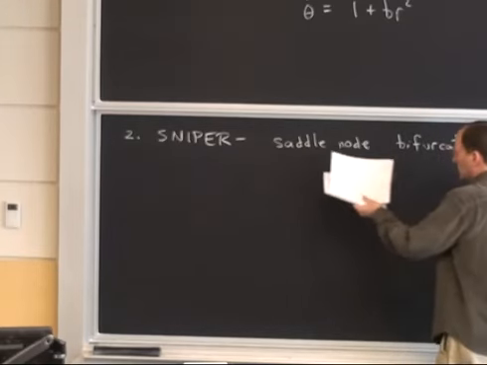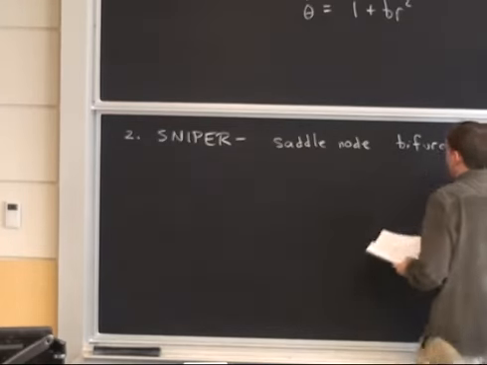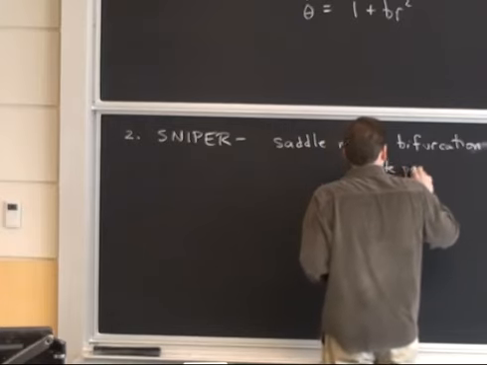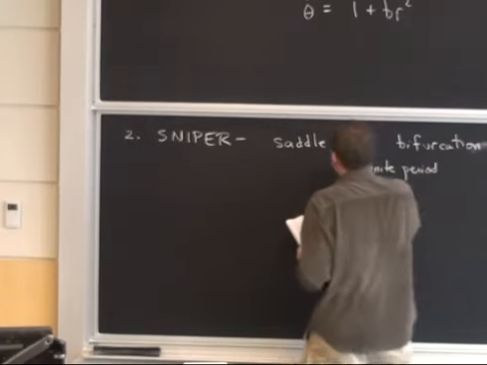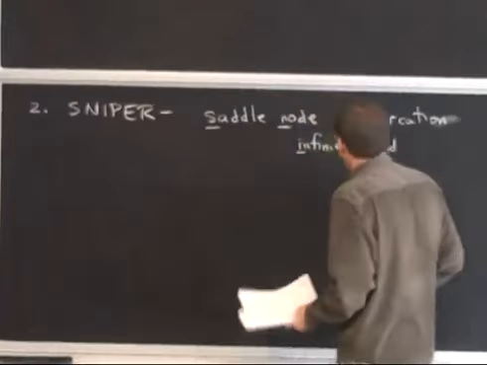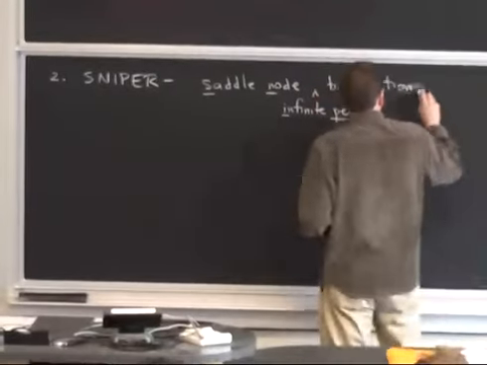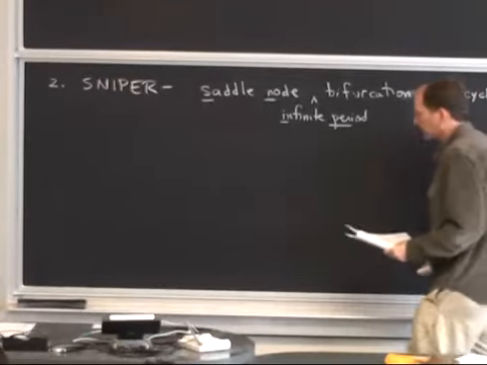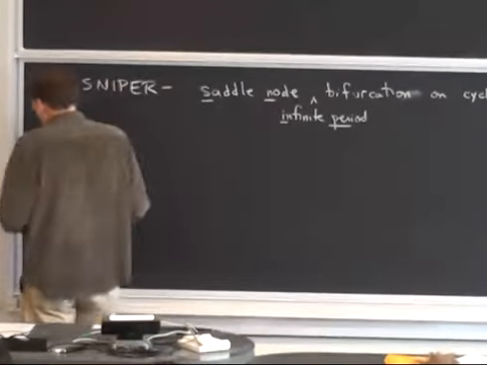Well, let's see. So just in terms of the jargon, saddle node infinite period. So that's S N I P E R, sniper. Saddle node infinite period bifurcation occurring on the cycle. And so what it looks like, here's an example.